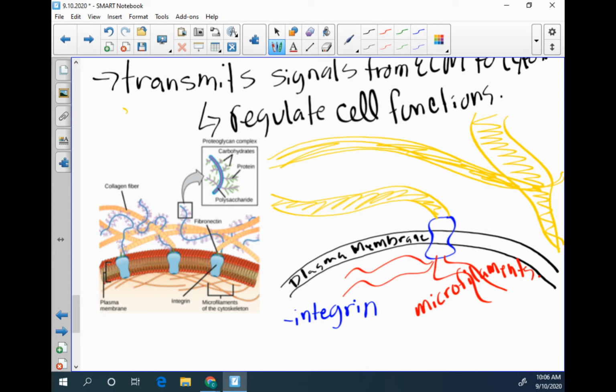Wrapped around our collagens, we have our proteoglycan processes. So when we connect our proteins to our collagen, that is our fibronectin.